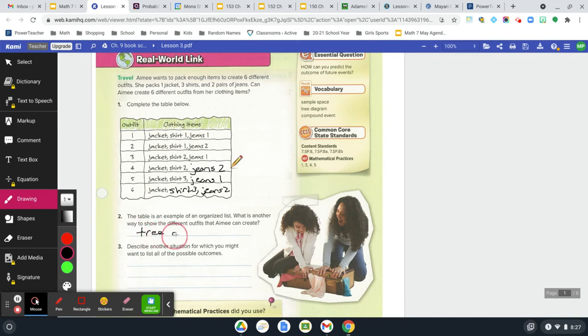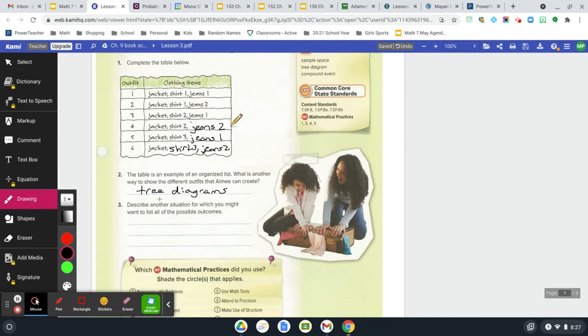And what that's going to be is a picture, a model of really this organized list. And so you'll see why it's called a tree diagram, because it kind of mimics that a little bit. It looks like the trunk of a tree and some branches, but it's exactly how it sounds, meaning we're going to be able to draw a picture of how we can put outfits together or other situations.